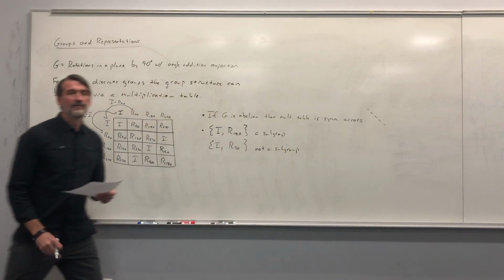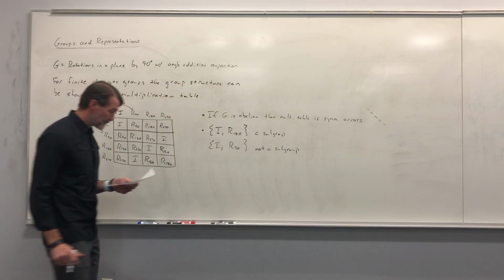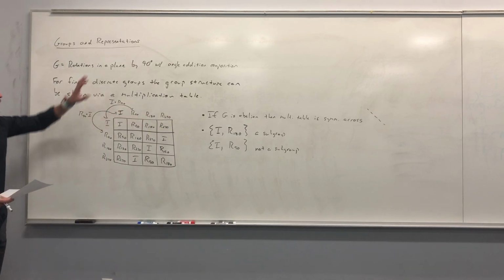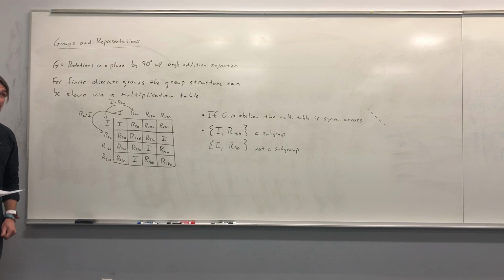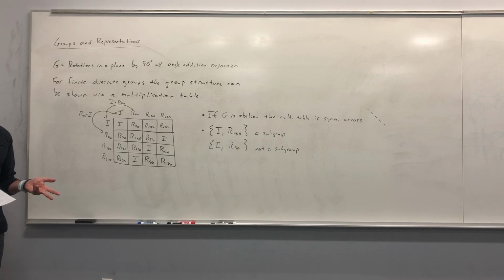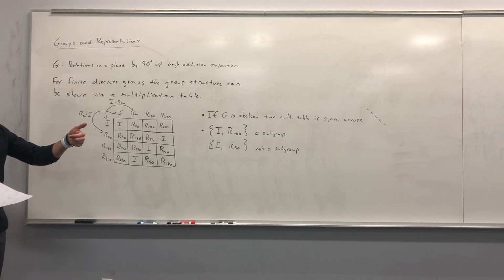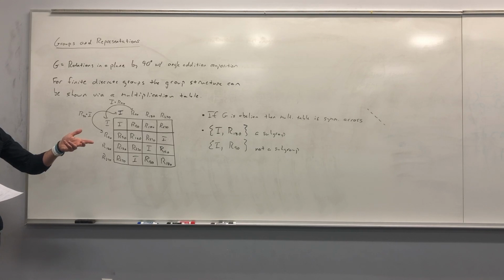Neither is R270. Okay? If we thought about this square here in 3 dimensions instead of 2, we would have more transformations, right? Because we could basically take it and flip it over. And you could describe that using the matrix language as well. Okay?